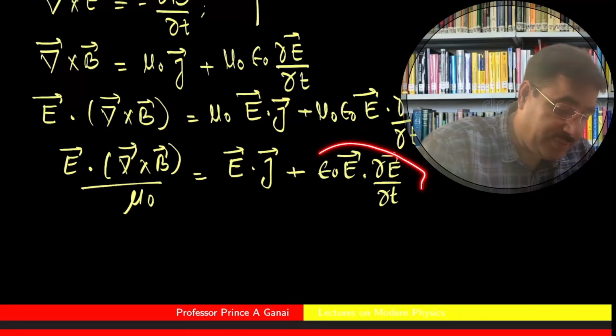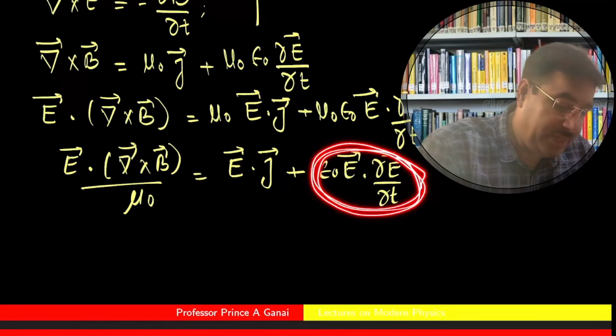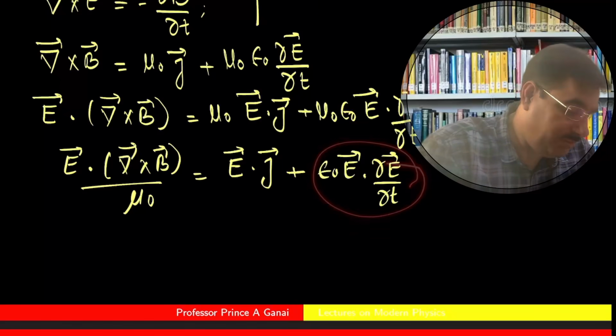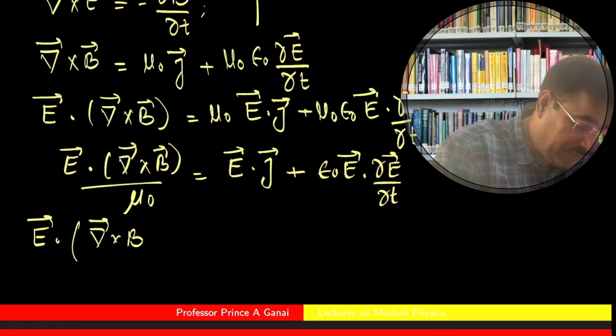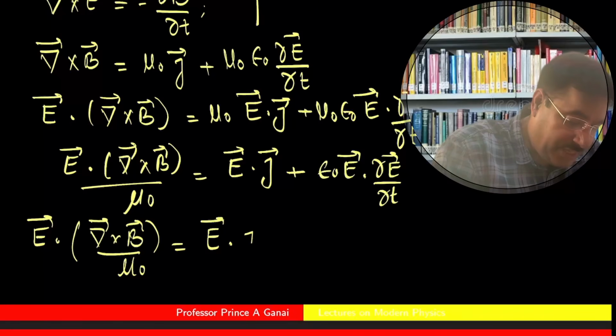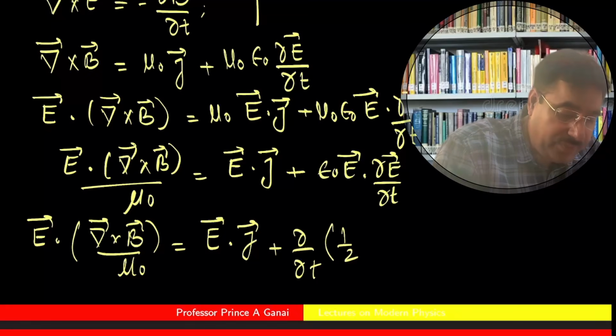Now you recognize that I can put this in a very simple form. I can write E dot del cross B divided by mu naught equal to E dot J plus del by del T of 1 by 2 epsilon naught E square.